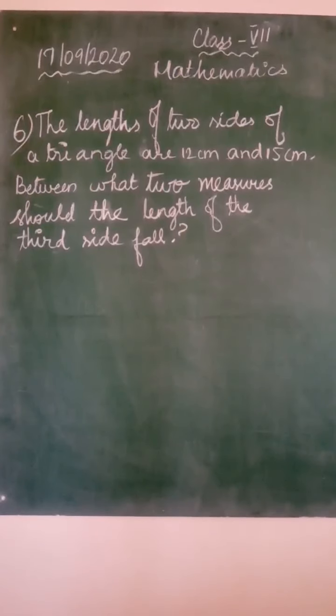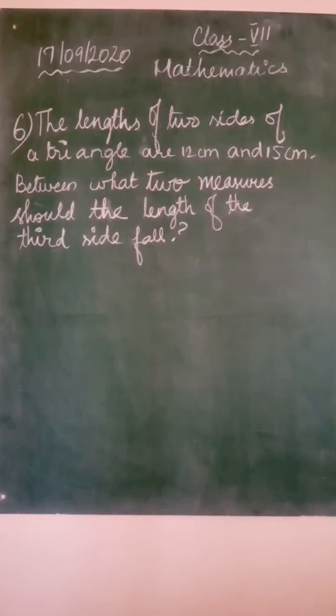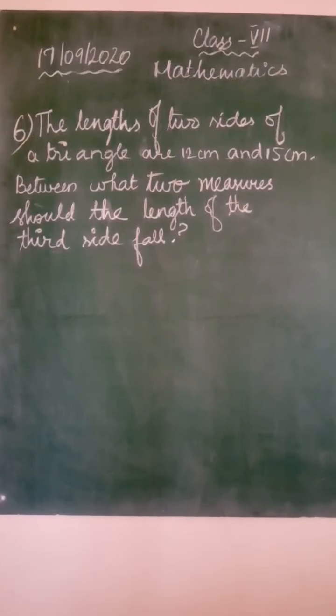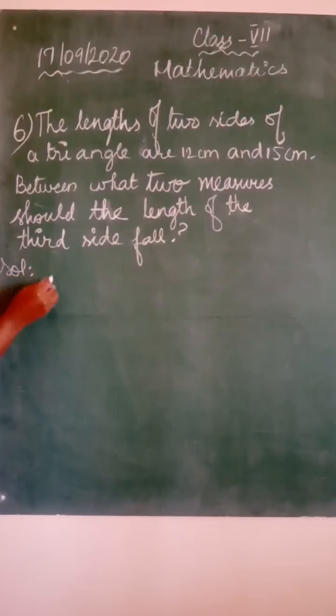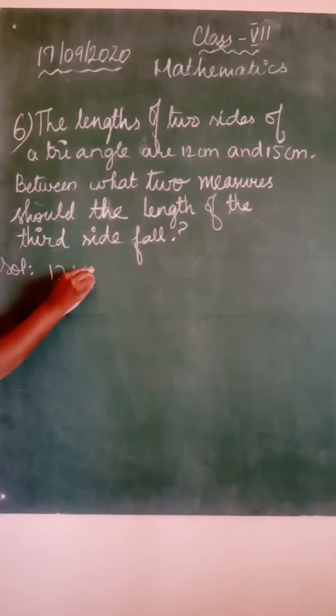Next is your 6th question. The question is, lengths of 2 sides of a triangle are 12 cm and 15 cm. Between what 2 measures should the third side fall? Okay. So using the property that we have learnt that sum of 2 sides is greater than the third side, the third side should be less than sum of these 2. 12 plus 15 is how much?